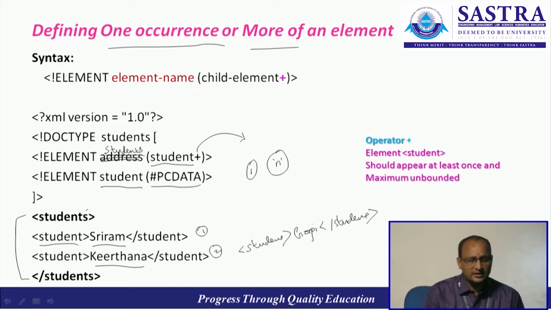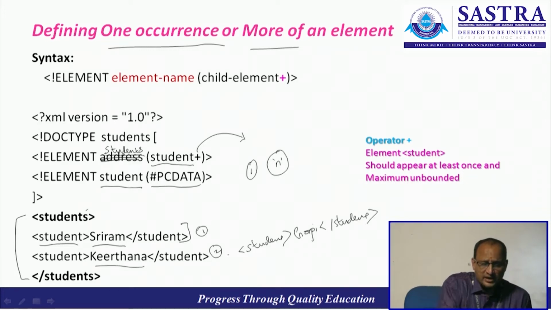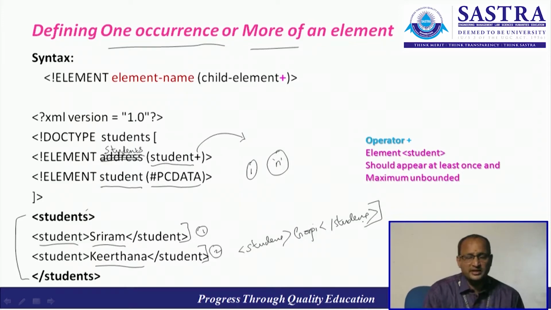Look at here, this is one student, it is completed, and another student also completed, and third student also completed. I have not changed the structure. What do you mean by structure here? The student, it's a skeleton, student opening tag and closing tag.